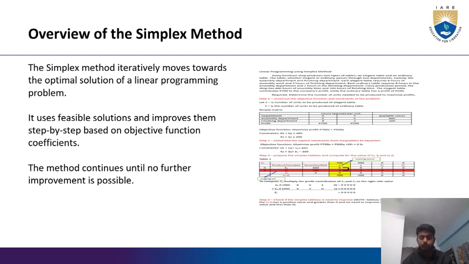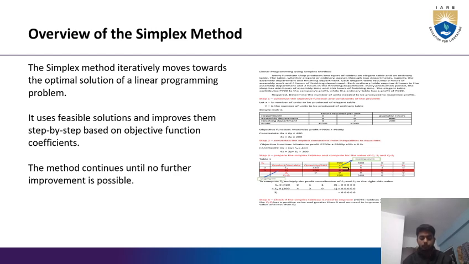The iterative process. The simplex algorithm works like climbing a mountain. Start with a basic feasible solution. Find the entering variable, which variable should be increased to improve profit. Look for the most negative coefficient in the objective function row, which tells us which variable helps most.